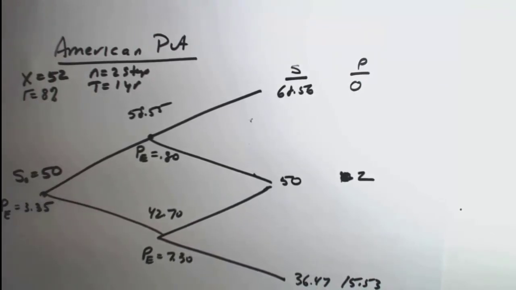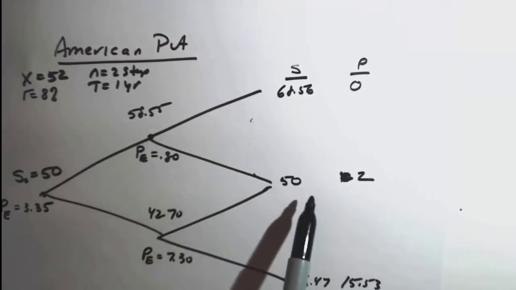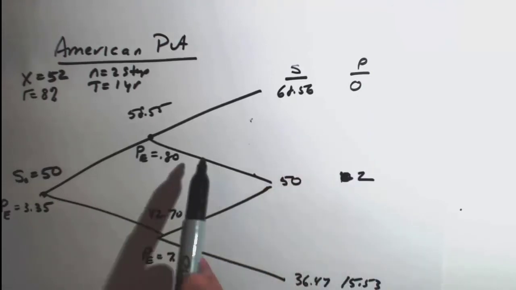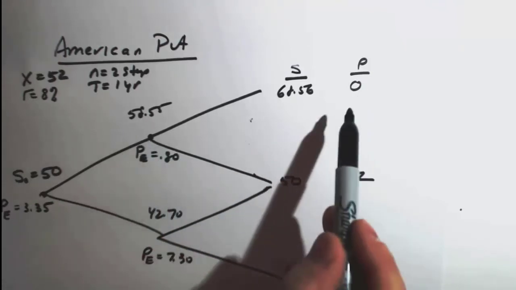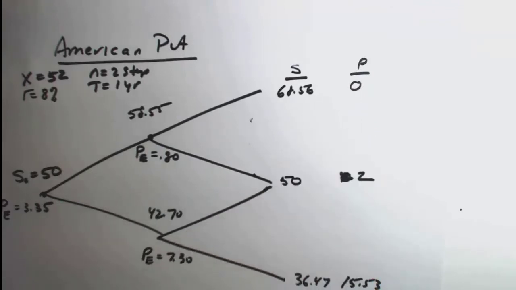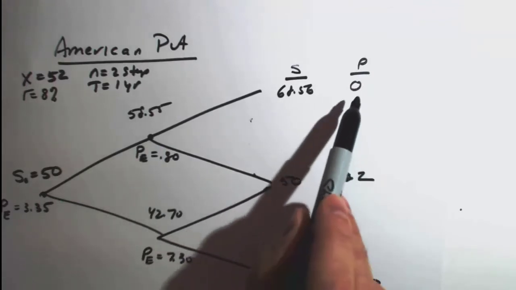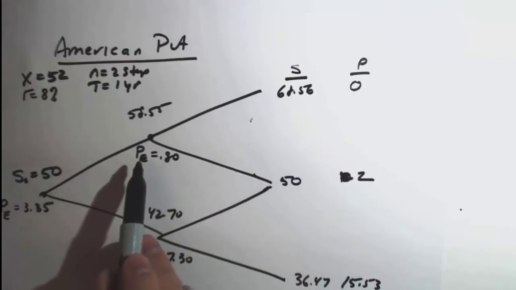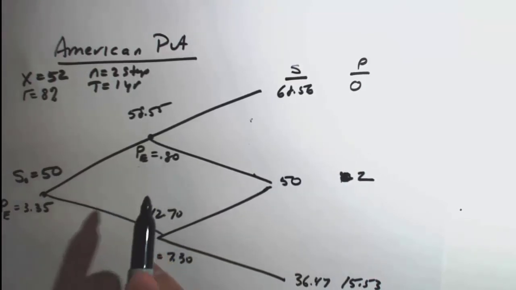So those are the Europeans. Now we want to ask ourselves at each node, not at these nodes, but at the nodes one step back, because European and American puts are all worth the same at expiration. It's this payoff. At this node, it's a different story.